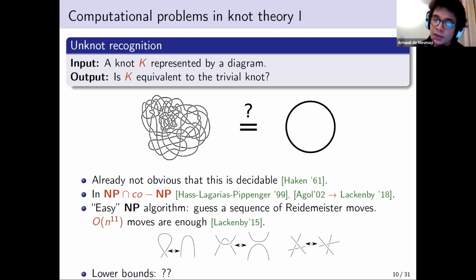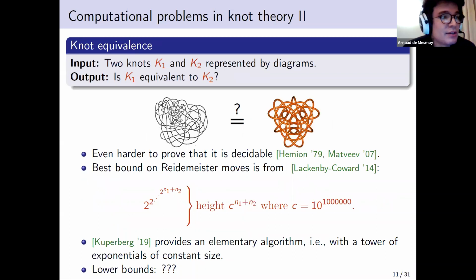But already, even the most basic question in knot theory is not completely classified complexity-wise. And if one just takes a slightly different variant, where you take two knots and you ask whether the first one is equivalent to the second one, the situation is much more intricate. So it's even harder to prove that this problem is decidable.